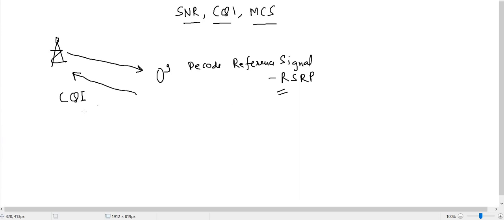On the basis of that, UE will send the value of CQI to eNode B. Value of CQI varies from 0 to 15. 0 is out of use, so you can say it's from 1 to 15. There is a table defined in LTE spec. Let me show you that table.